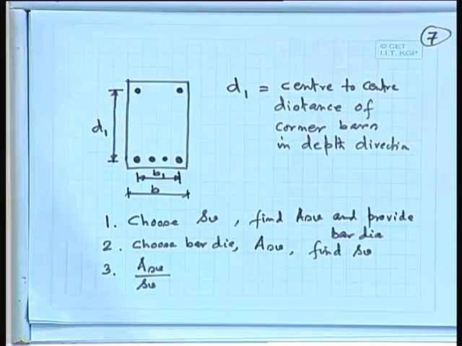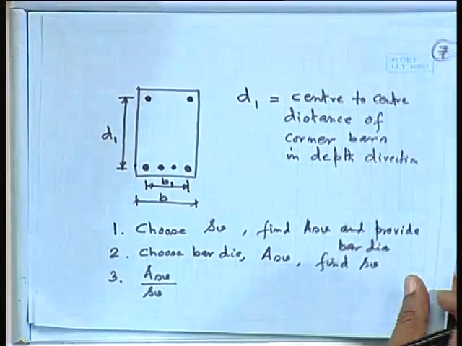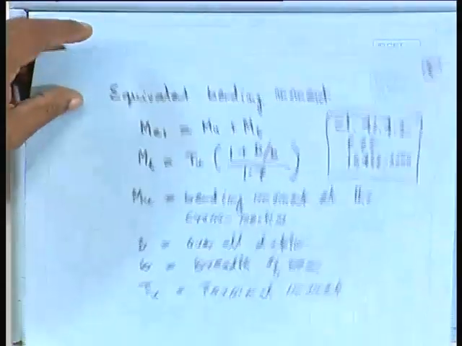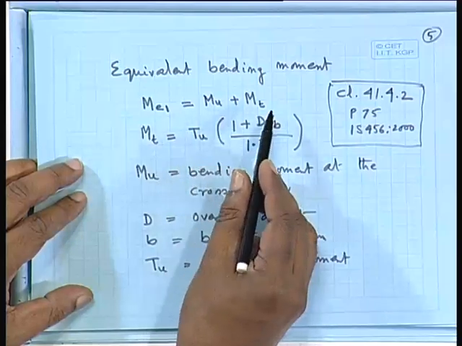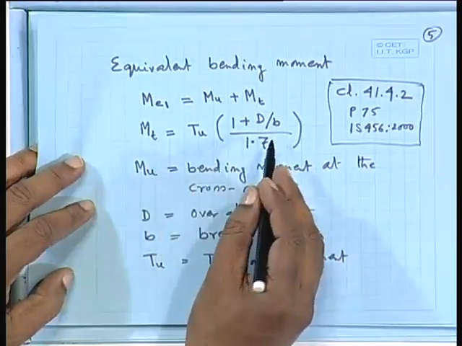Okay. Now let us start one example, but before that I shall tell you one more thing. I have told you in the very beginning that Mu1 equals Mu plus Mt, and Mt we have calculated here.